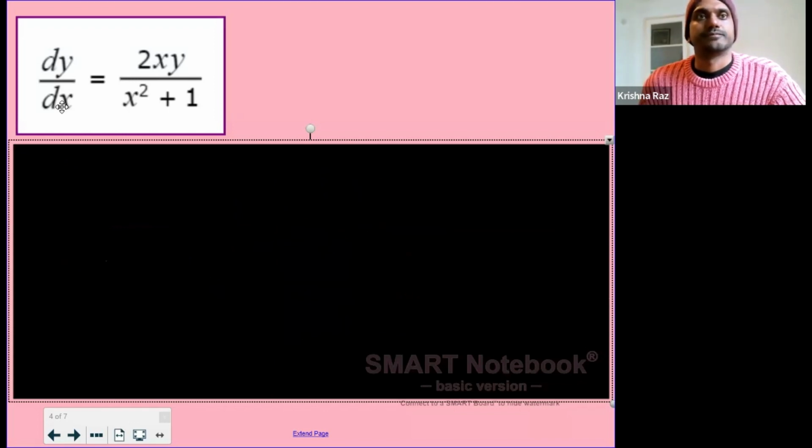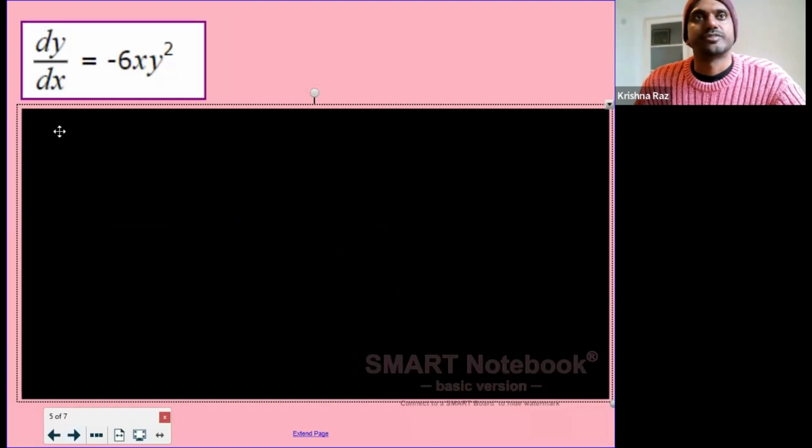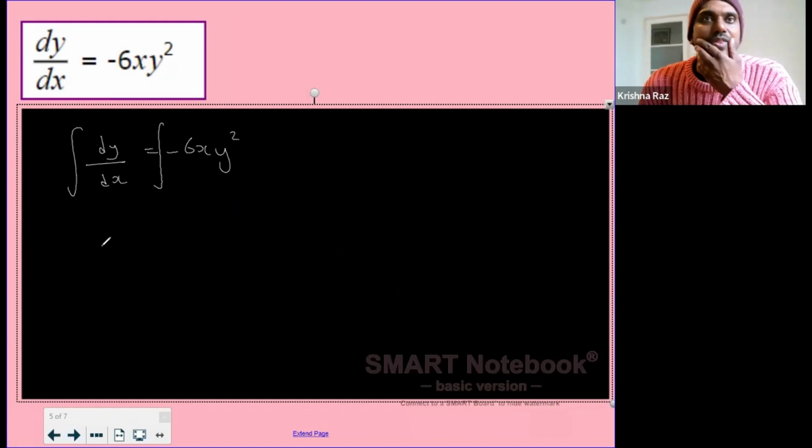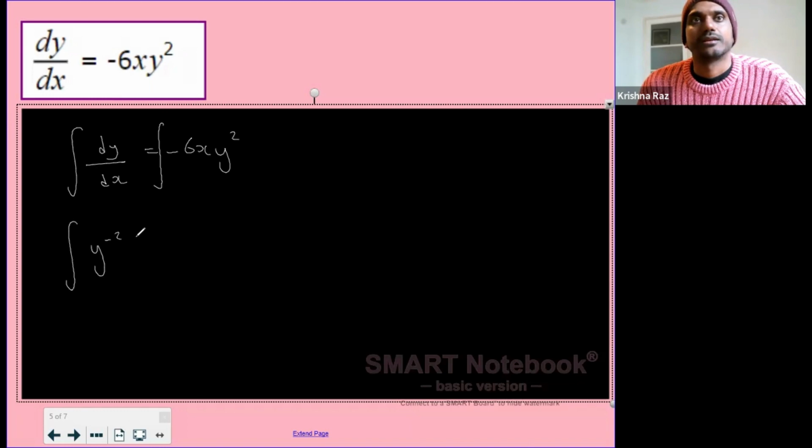Next one. I encourage you to pause the videos and give them a go before I reveal the answer. So here we have the integral dy by dx equals minus 6x y squared integral of. So we need to move the y squared to the left and the dx to the right. And when we integrate y to the minus 2, we'll get y to the minus 1 over minus 1.